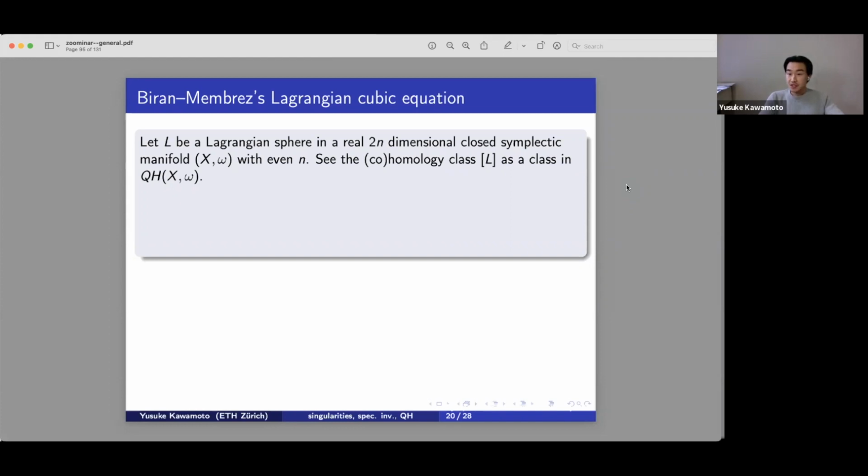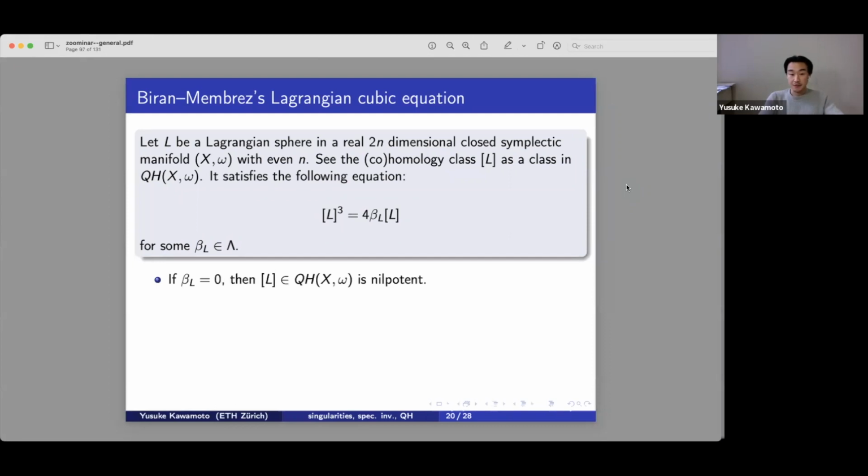This will define a homology class, and you see this as a cohomology class by taking the Poincaré dual, a class of the quantum cohomology ring. What they proved is that you take the power of 3, and then it comes back to itself with some coefficient, some multiple, okay?